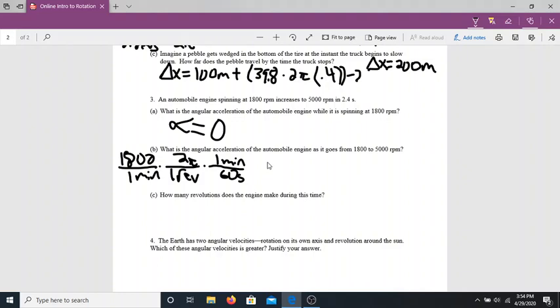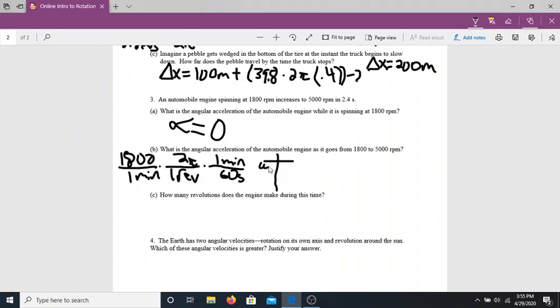All right? Now, for part B, we go back to kinematics. If you convert correctly your RPM, so 1,800 and 5,000, what you should get is that the starting velocity is going to be about 188.5 radians per second.